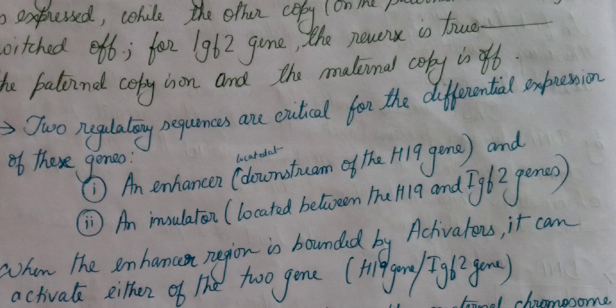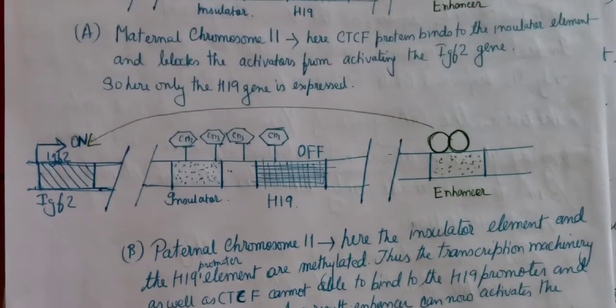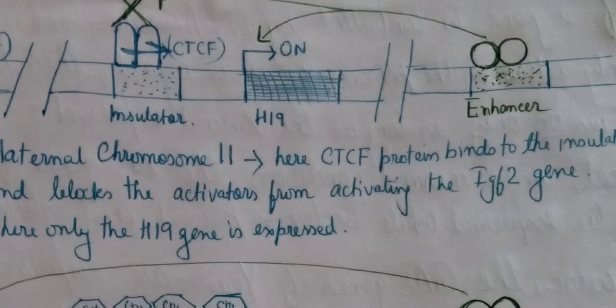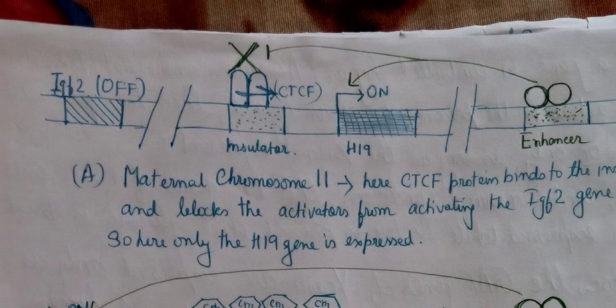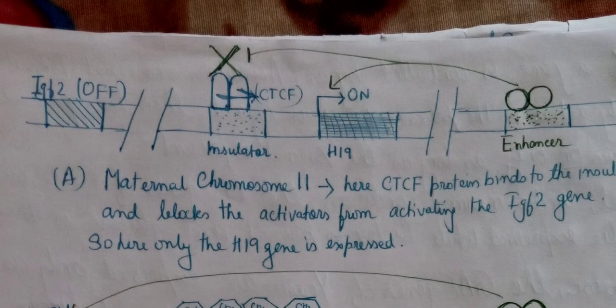Now you may not be able to understand this without the figure, so let us see the figure. Okay, this is the normal gene simplified diagram, which shows the H19 gene and the IGF2 gene. The first figure, given as A, is the maternal chromosome number 11.